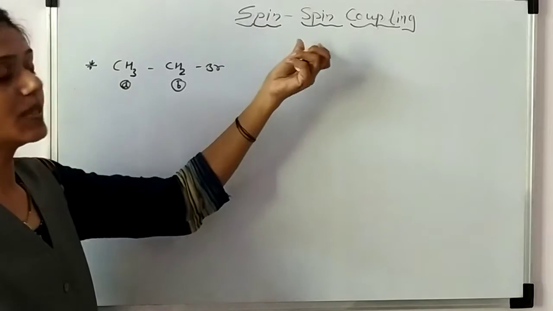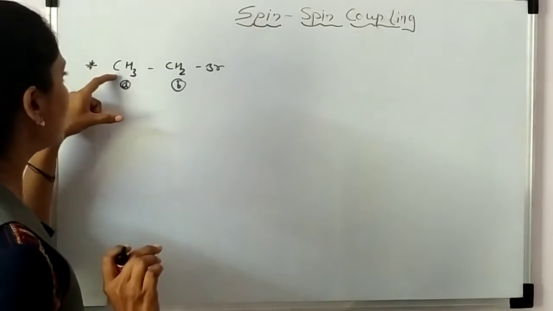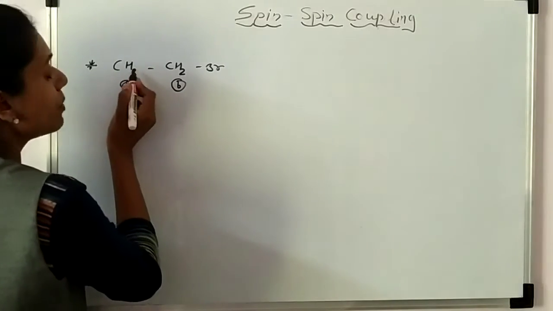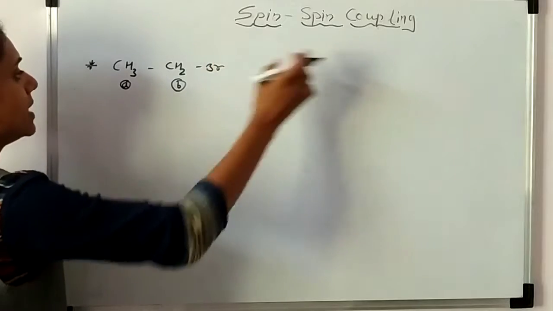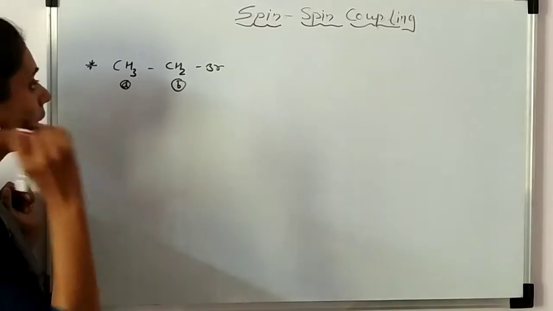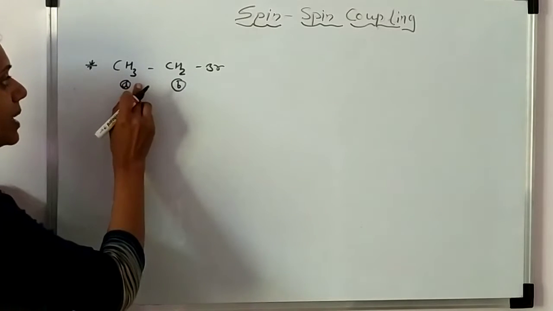When we study spin-spin coupling, these 3 protons, which are equivalent, do not show spin-spin coupling. Remember that equivalent protons do not show spin-spin coupling.